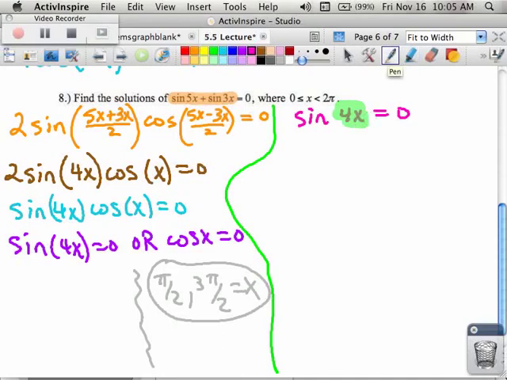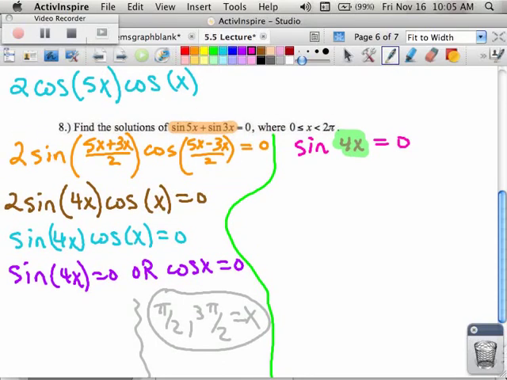Now there's a problem. Normally my period is 2 pi. But now I'm going 4 times as fast, so I chop that into 4 pieces, and I find out that my period is pi over 2. That means I'm going to have 2 answers by the time I get to pi over 2. So as I solve this, what I know is that the blob, which was the green highlight, is not really a blob.